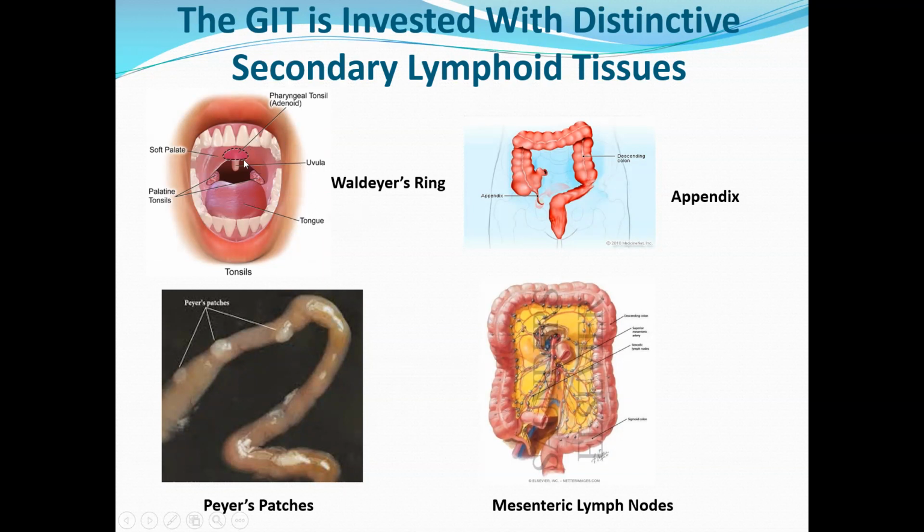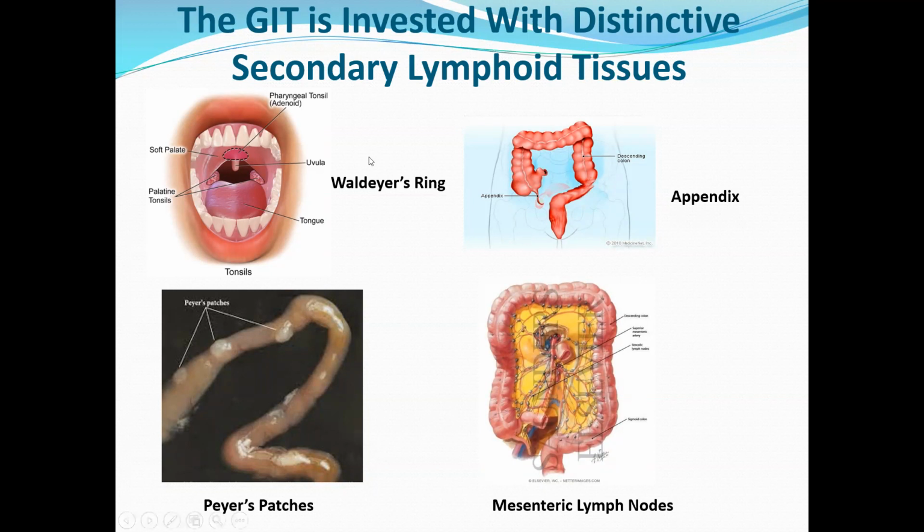This includes the adenoids and the tonsils, which are essentially filled with B cells, because this is the first passageway through the airways and the gut where you encounter foreign microbes, aerosol antigens that you either ingest or breathe in.